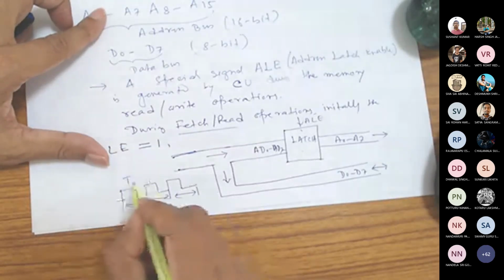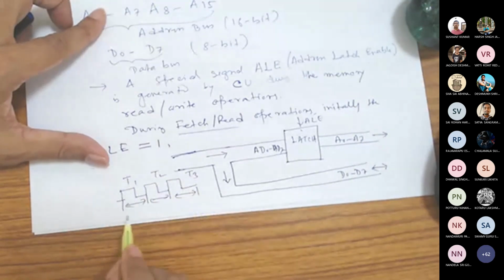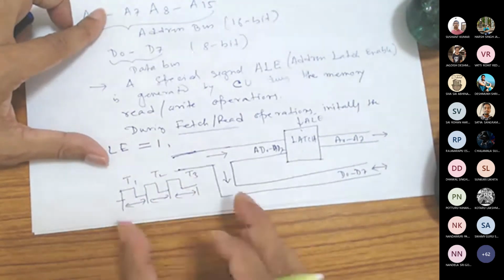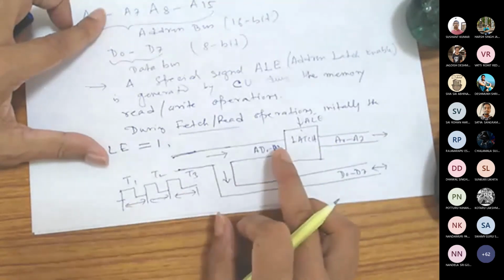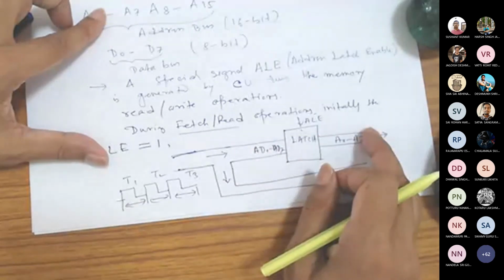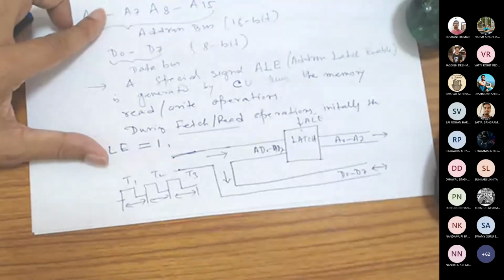So this is T1, this is T2, this is T3. These 3 clock cycles are used for read and fetch operations. Why are these 3 clock cycles needed? The first clock cycle is used for latching the address, and the remaining 2 clock cycles are used for reading the value.